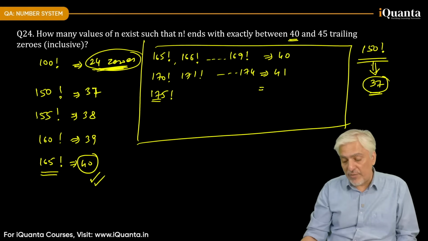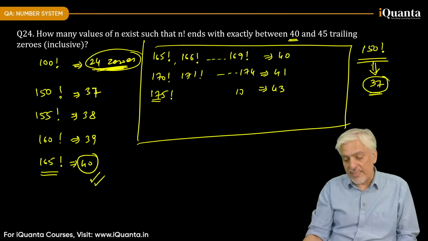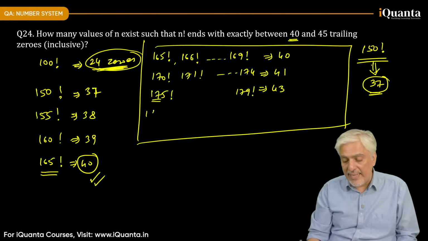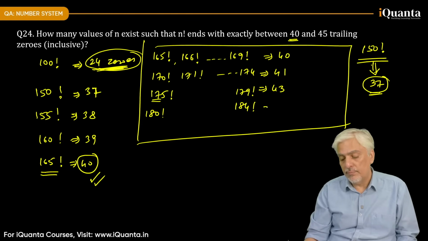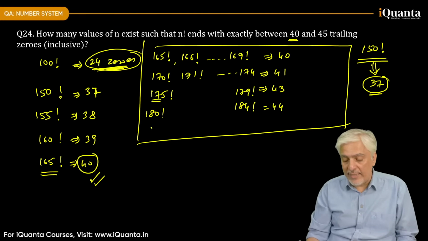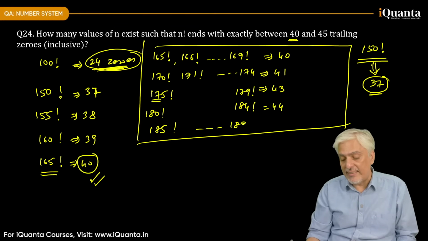So 175 has 43 zeros up till 179. Then 180 has 44 zeros till 184. And 185 has 45 zeros till 189, not till 190.